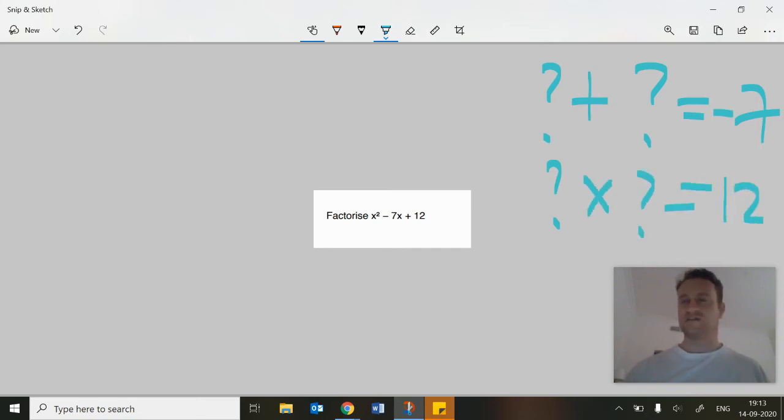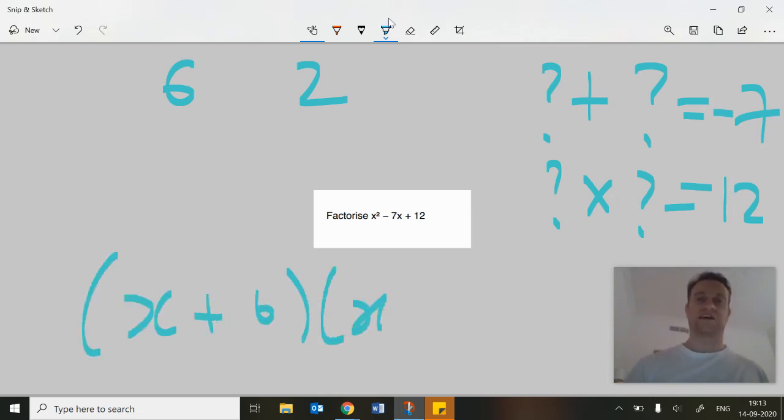Now 12 has a lot of factors. I could have something like 6 and 2. But if I did x plus 6 and x plus 2, I'd not be able to get any minuses out.